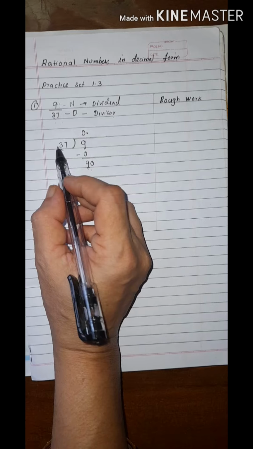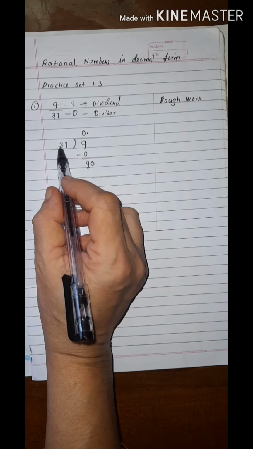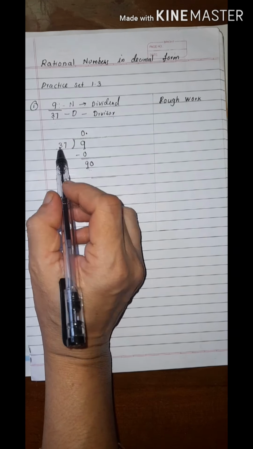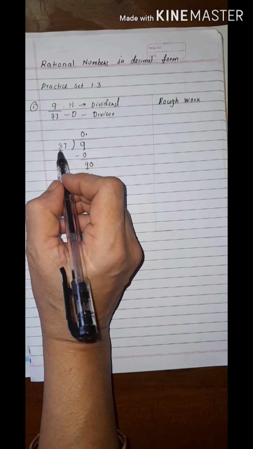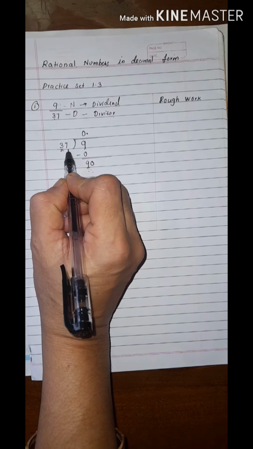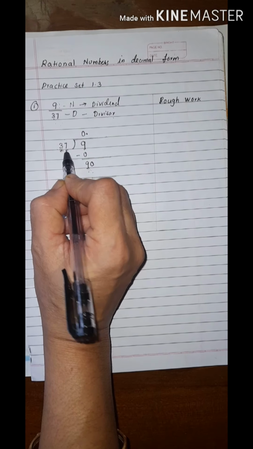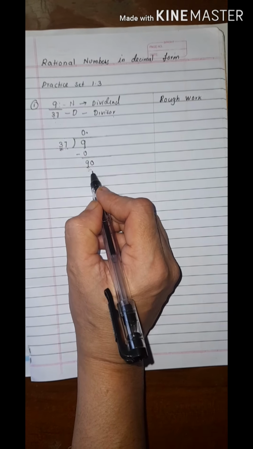Say the table of 3. 3 3s are 9, which is very close to this, right? But 3 3s are 9 means 30 3s are 90, but this is not 30, this is 37. So obviously 37 3s is going to be more than 90.